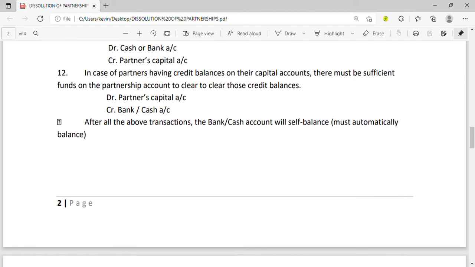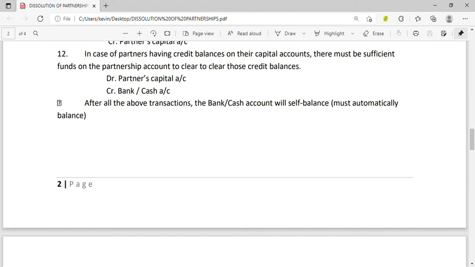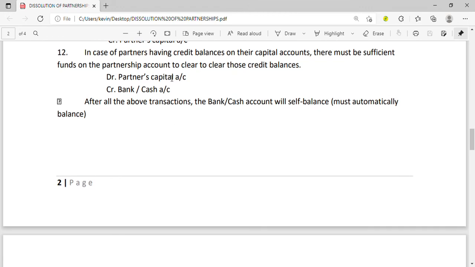Then in case of partners having credit balances on their capital accounts, it means that they had more than enough money to cater for their expenses and they remained with some money on their accounts. So there must be sufficient funds on the partnership account to clear those credit balances.